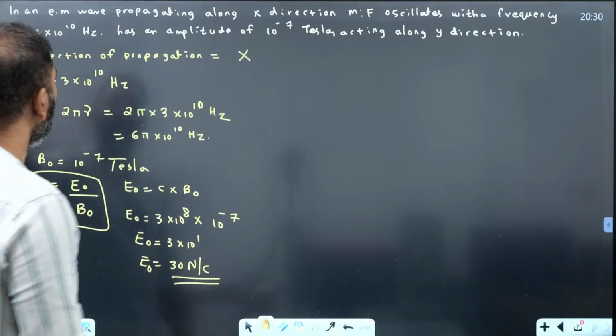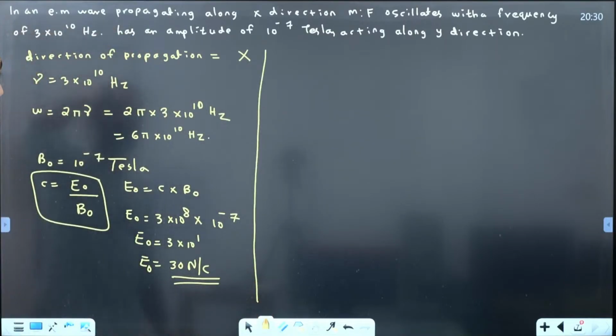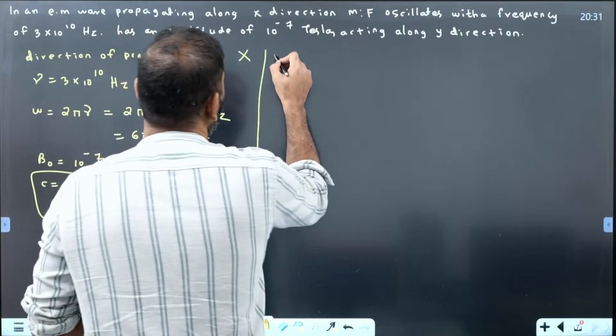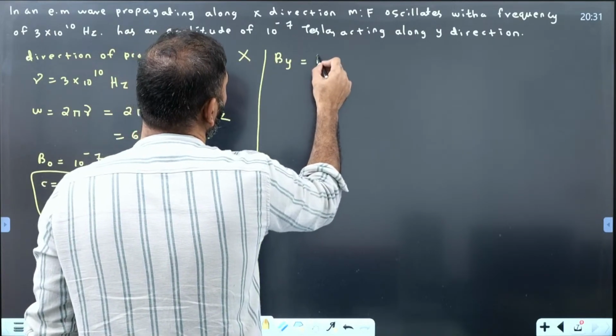So I got E0. Then what should I do? What are the other data given? Magnetic field is along y direction. So what is the equation for magnetic field?